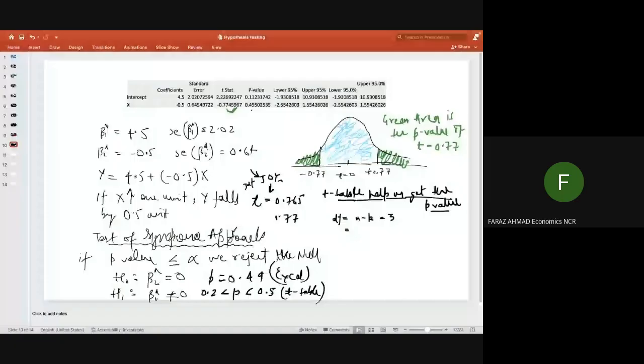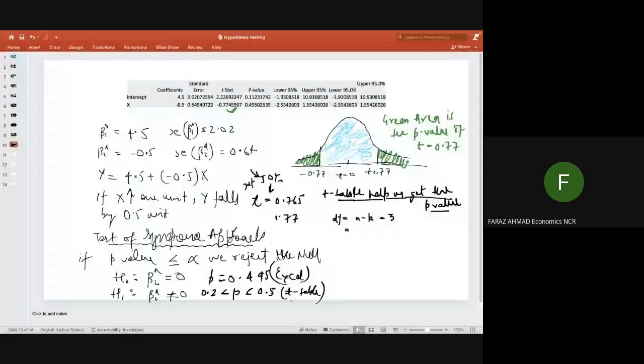That means the area would also be very close to 50%. And you can see it is close to 50%. 0.495 is actually very close to 50% area in the two tails. So using the p-values, once we found that it is between 0.2 and 0.5 from the t table, we will say that we cannot reject the null.